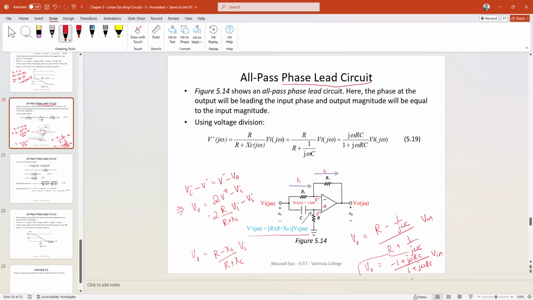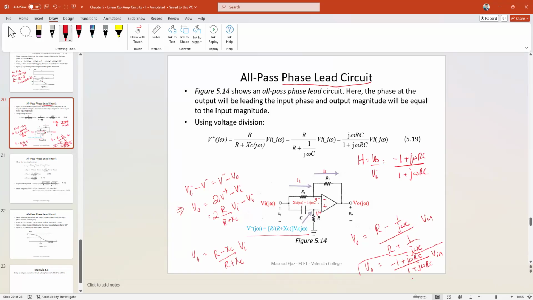So that is going to be the expression for V output in terms of V input. And the transfer function, which is V out over V in, will simply be negative 1 plus j omega RC over 1 plus j omega RC.